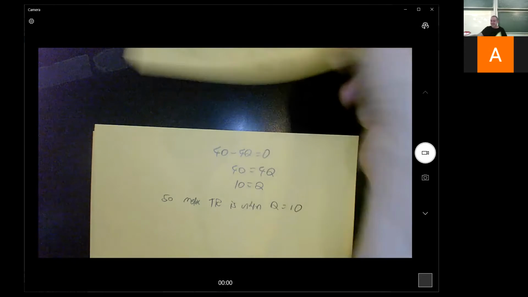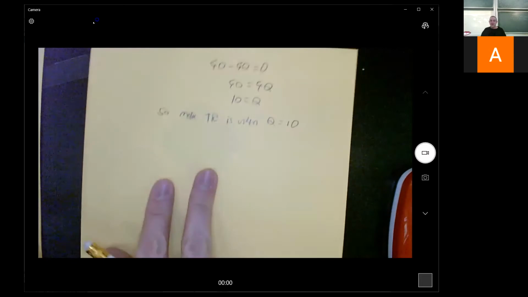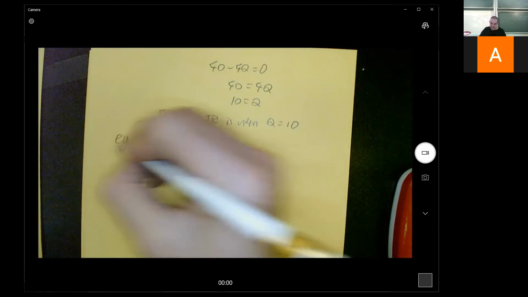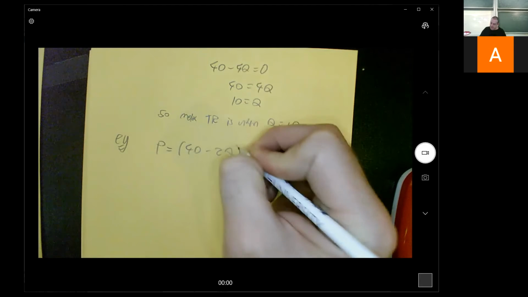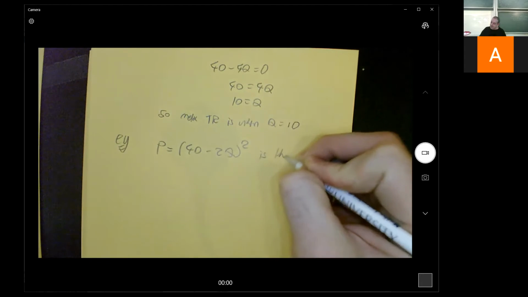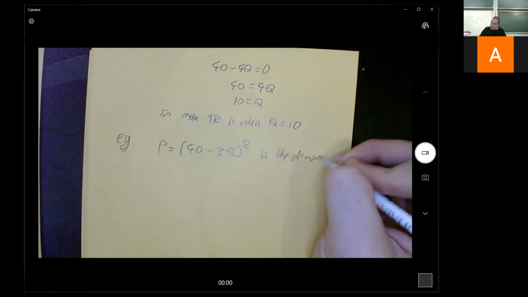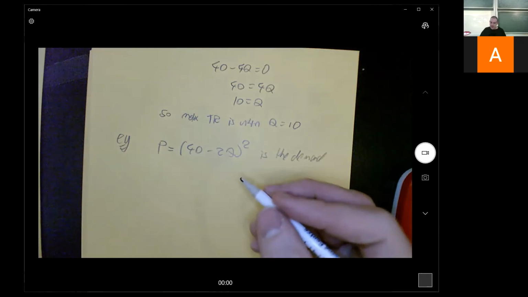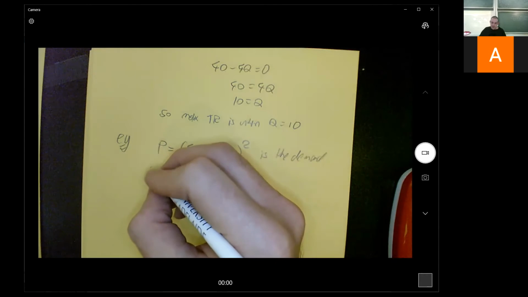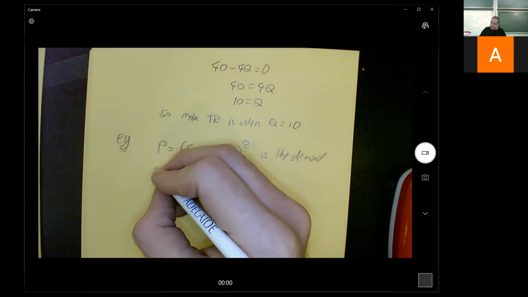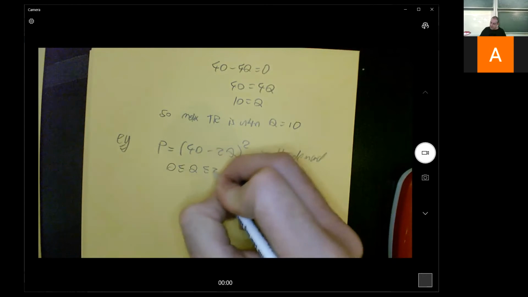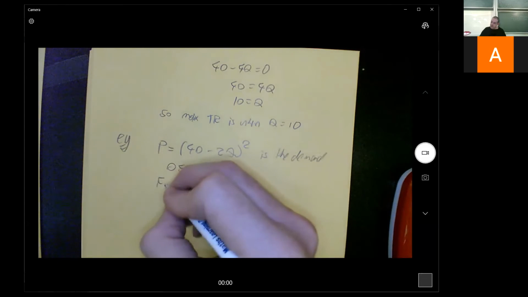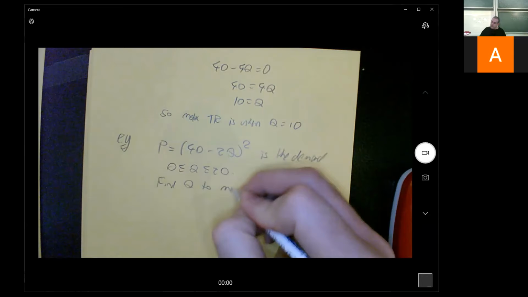I want to do it. So doing a what if here, what if it was this demand, with Q between 0 and 20? Find Q to maximize revenue.